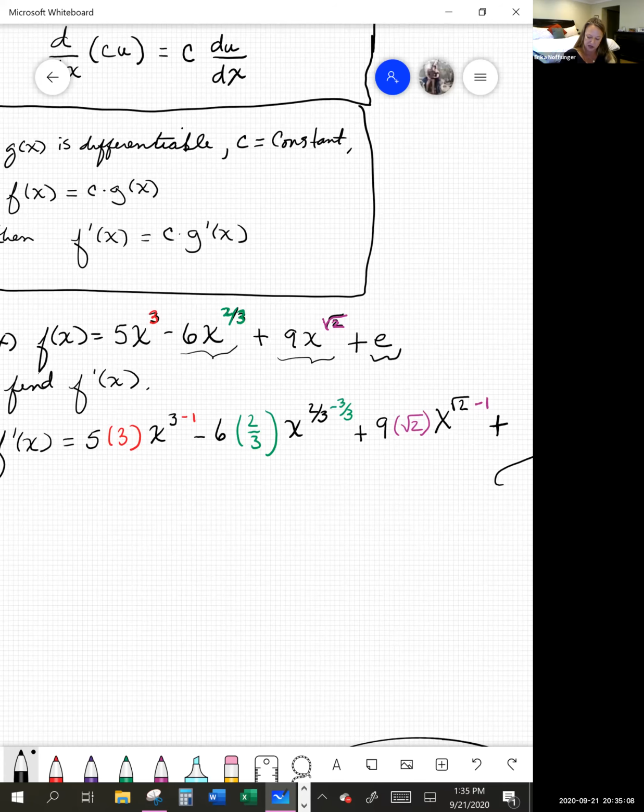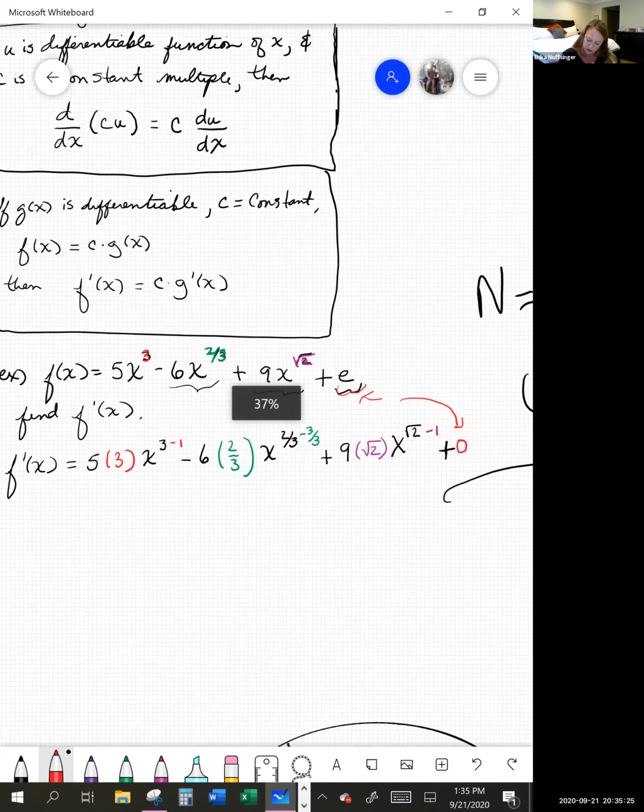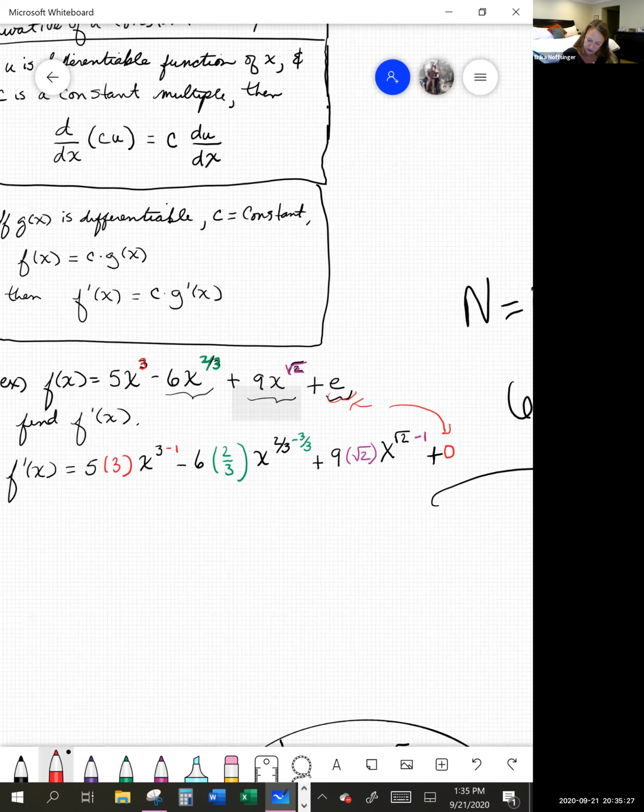The derivative of a constant was 0. Derivative of the constant is 0.